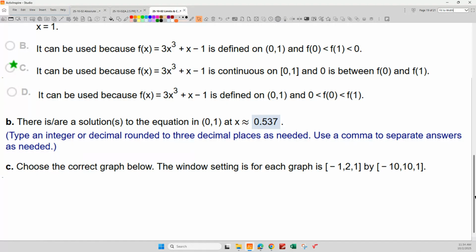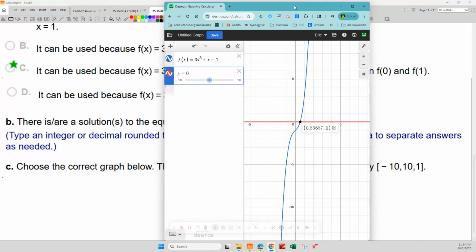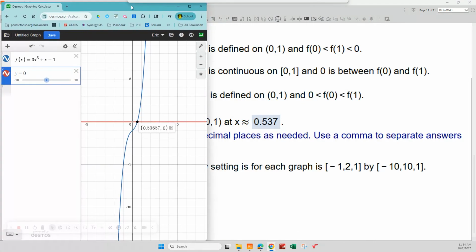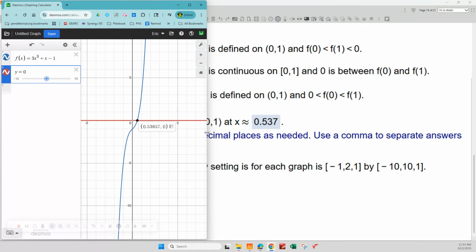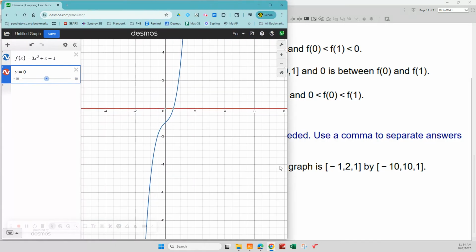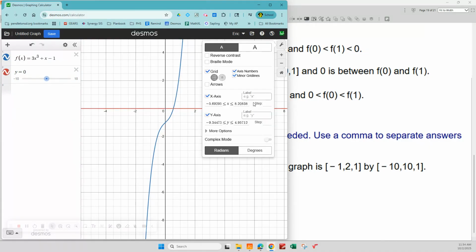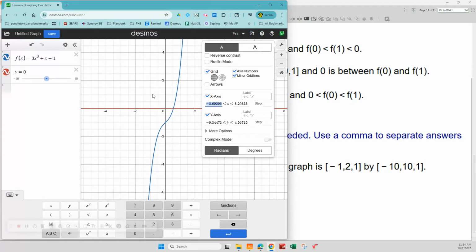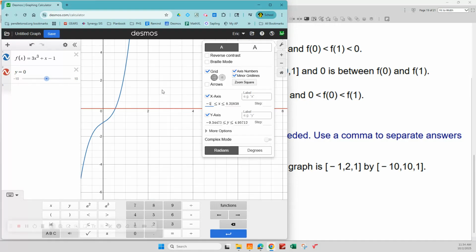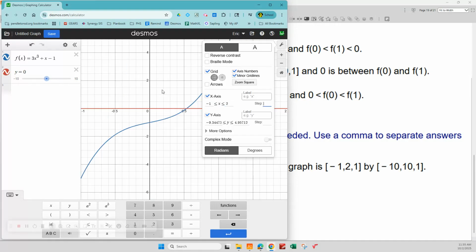So if I wanted to set my window up to see that, to make it exactly match the choices, how would I accomplish that in Desmos? Go to the wrench. x is going to go from -1 to 2 by steps of 1.